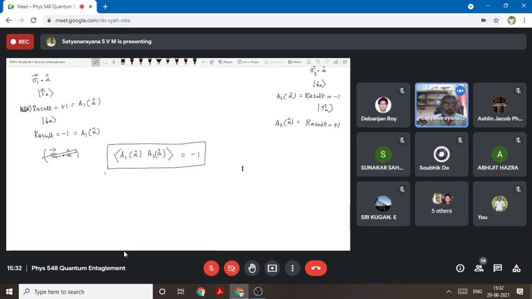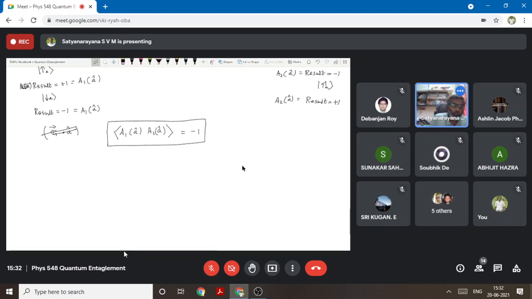What does that mean? That means A1 of A cap is equal to minus A2 of A cap. The results are like this. That is why you have a perfect anti-correlation. So this you understand, right?